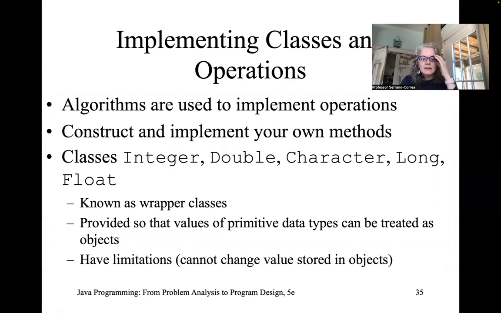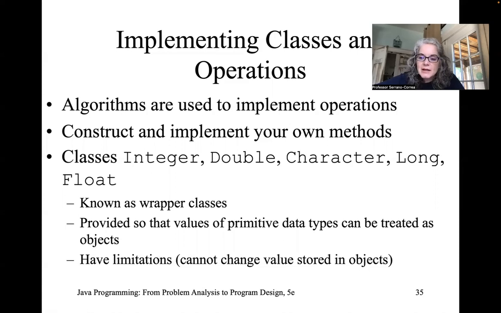And then at the very end of this chapter, they talk about something called wrapper classes. The reason they bring these up in this chapter is that in some classes, you're not able to use primitive data types like lowercase int or lowercase double or lowercase char.